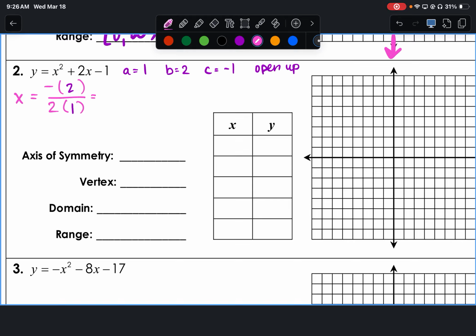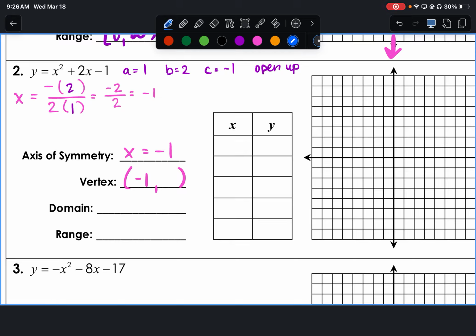So what does our numerator give us? If we have a negative and a 2, that gives us -2. What's our denominator? What's 2 times 1? What is -2 divided by +2? -1. So our axis of symmetry is x is equal to -1, and that is also the x coordinate of our vertex.